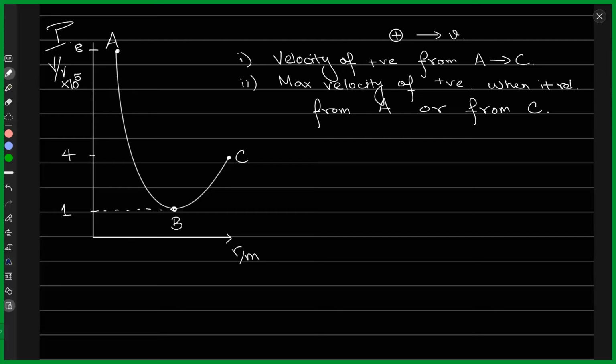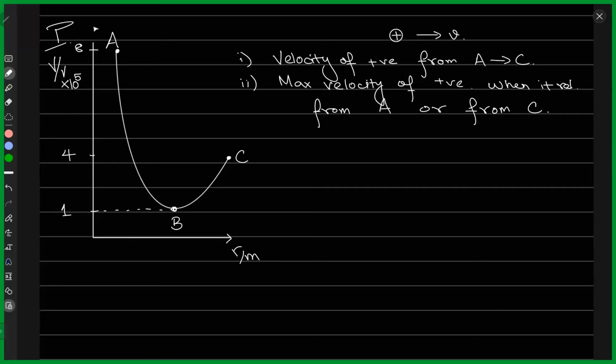So you have to think in terms of energies, right? Because you want to compute its velocity, and you're provided with the potential at different positions of this particle. When it is initially at A, you can immediately see that it has the maximum potential, which means that it has maximum potential energy.